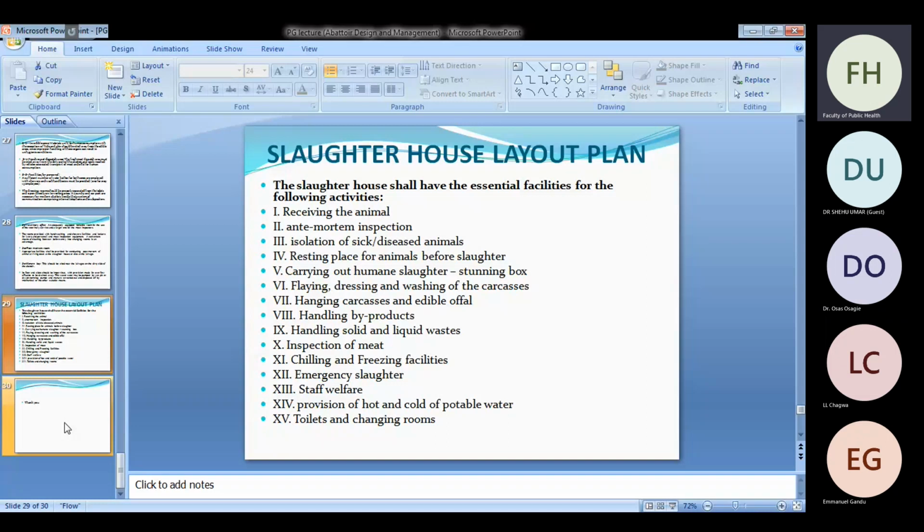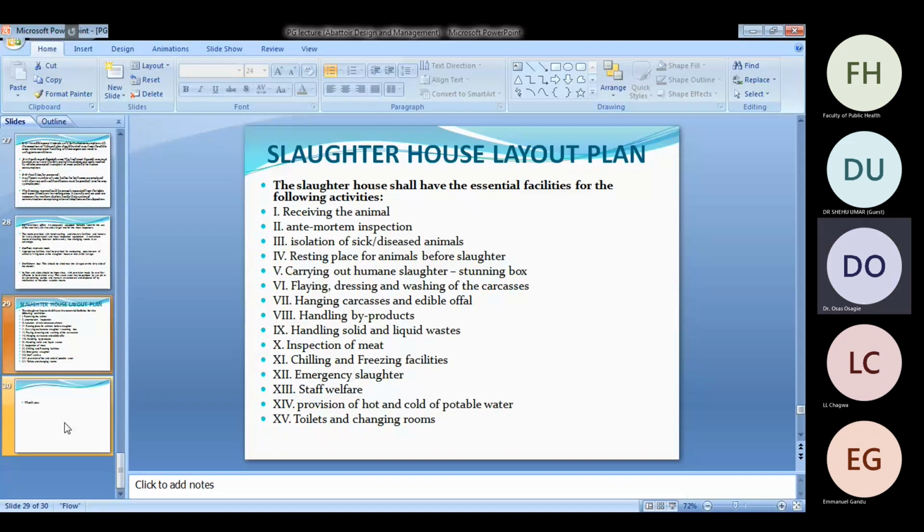That is responding. I want others to respond now. Resting place for an animal before slaughter. It's lairage. Yes, lairage.